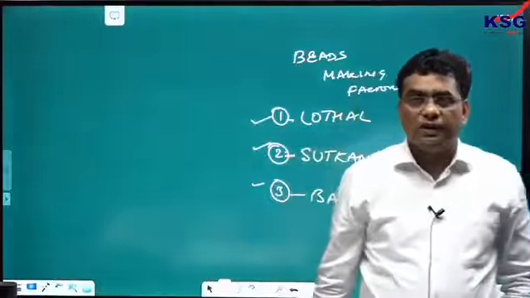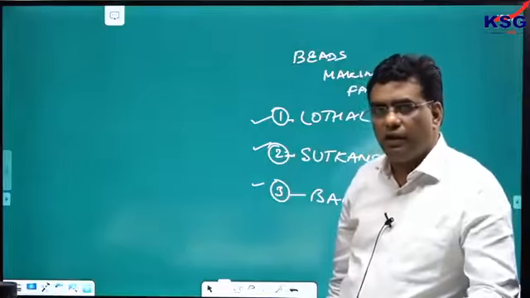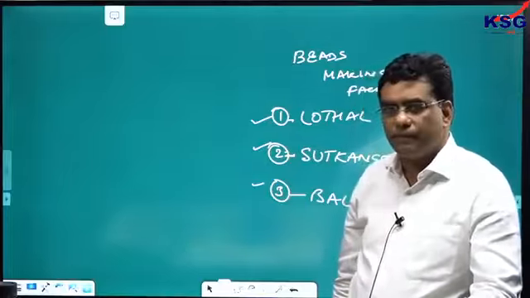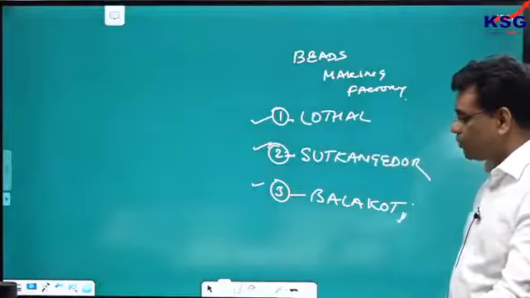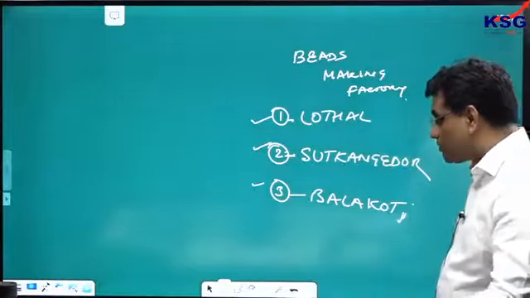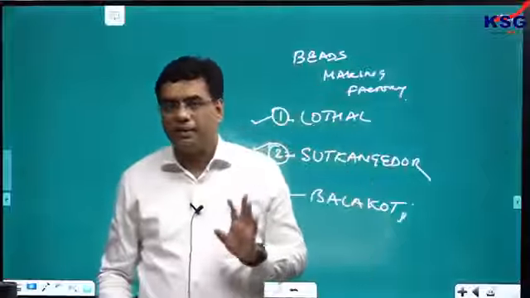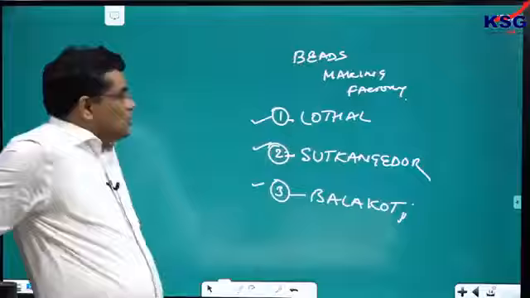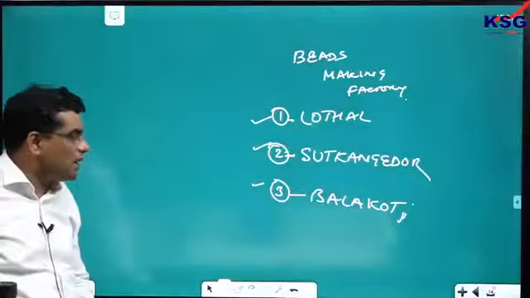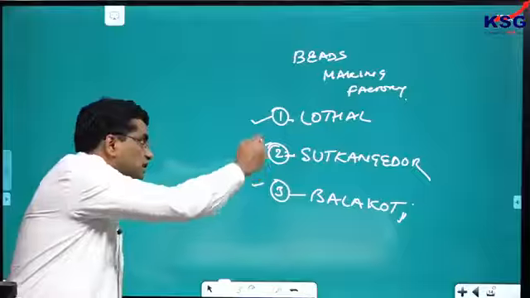Sutkagendor, you know, is the westernmost site of the Harappan civilization, and Balakot is in Pakistan. Balakot strike. Balakot is a Harappan site. Look what Pakistanis did. Now it became the bomb ground. So Lothal, Sutkagendor and Balakot, these three we have found the beads making factories.